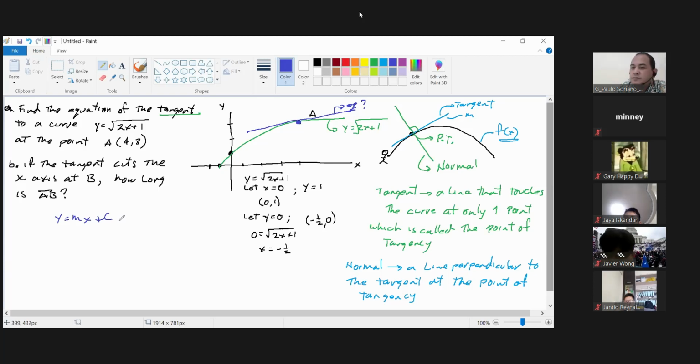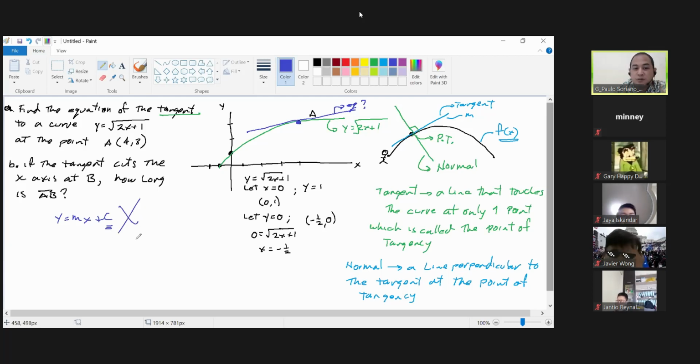Are you sure? What is c? The y-intercept. Do we have a y-intercept? What is the y-intercept of the line, not the curve? We don't know.